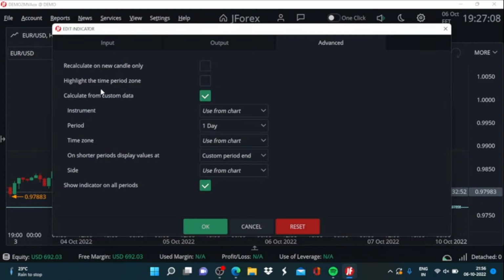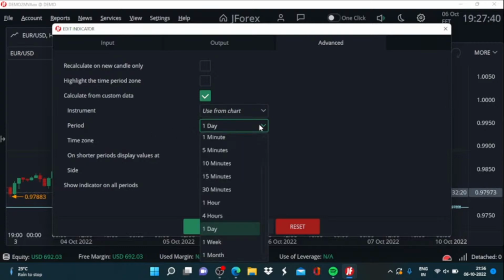If you want the calculation period to be highlighted, as we have already chosen a large time frame as the calculation base, even this editing option is not going to make much of a difference. If you want the calculation to be customized further, you can set the instrument to be the same as the chart, or you can even specify it. Only two options are there: use from the chart or EUR/USD.